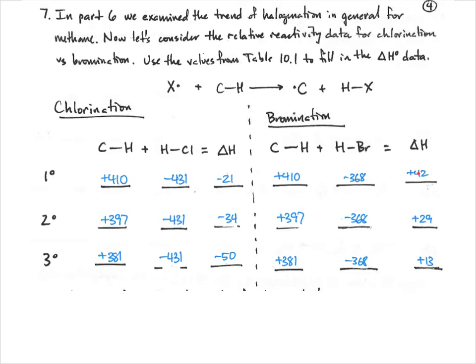So when you look at bromination, we say this is selective because there's only so much heat that is produced in the bromination reaction. So in bromination, which type of hydrogen is most easily abstracted? So your choices are primary, secondary, and tertiary. So the answer is tertiary.